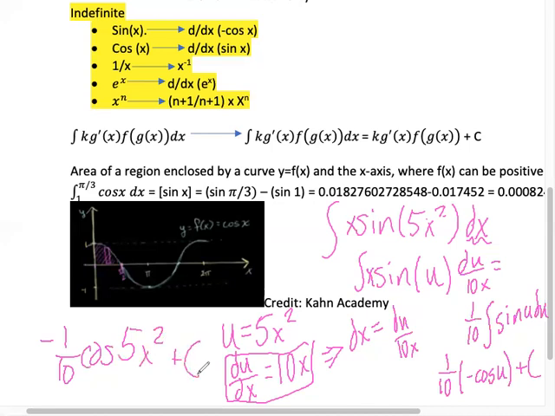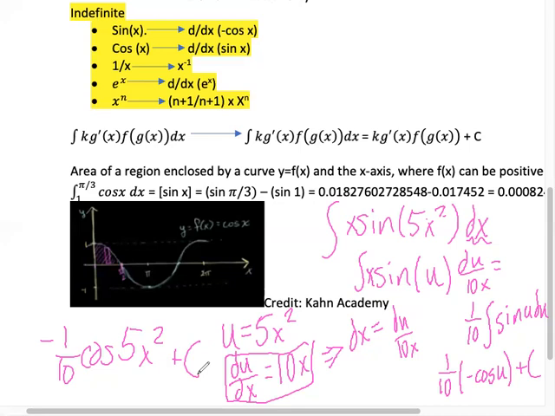Now I know all of that is super complicated, but at the end, if I'm having my doubts, I can take the derivative of that. When I take the derivative of cosine, what do I get? I'm going to do this one on the board just because. Negative sine. So I would have negative 1/10 times negative sine of 5x squared.